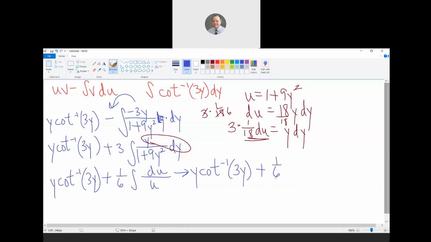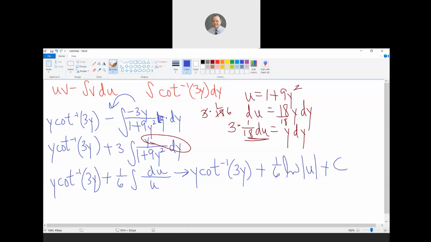The integral of 1 over u du is an integral that we are familiar with, and that is natural log. So we got natural log absolute value of u. And the absolute value is there to ensure that our natural log is always positive. So natural log absolute value of u plus c.